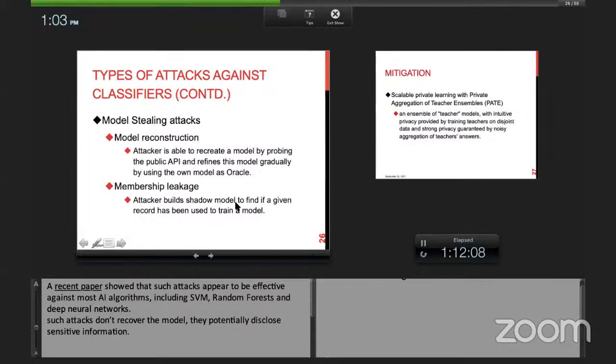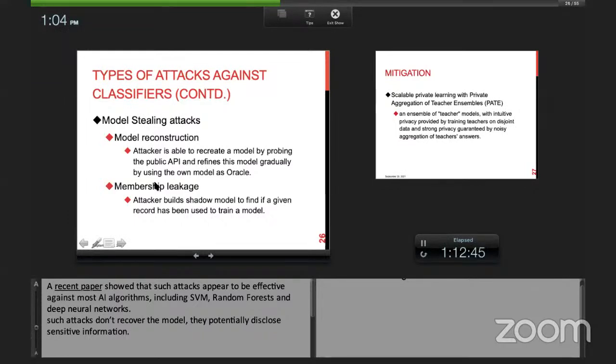Basically, such model stealing attacks may not be able to recover the entire or the actual model. It may be close to the actual models being used, but they may potentially disclose some sensitive information. And this type of attack, particularly the model stealing attack, is found to be effective.